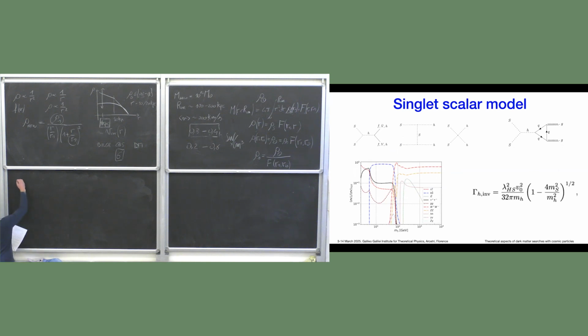I just wanted to introduce this model now because tomorrow and in the last day we will use this model to put constraints on dark matter in the case where we fix a specific model and we don't work just with the model-independent assumption.